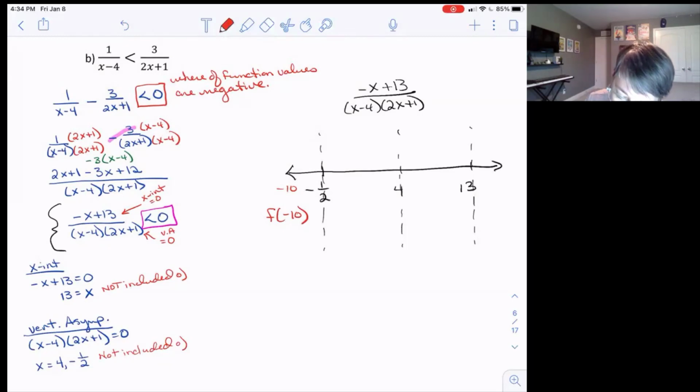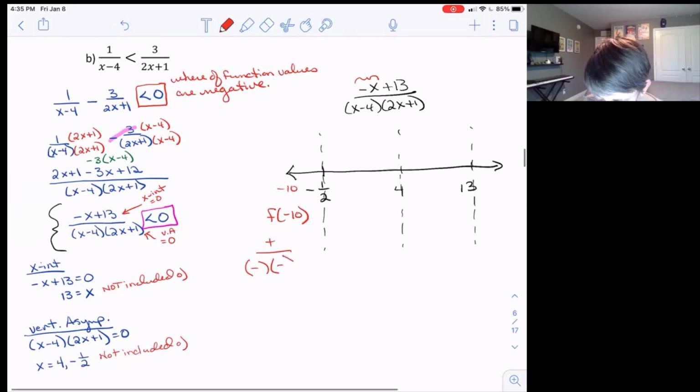And remember, this is the opposite of x up here. So if our x is negative 10, that's going to give us a positive 10 plus 13, which is a positive number, over negative 10 minus 4 is negative, times, that would be a negative 20 minus 1, that's negative. So that gives me a positive over positive.